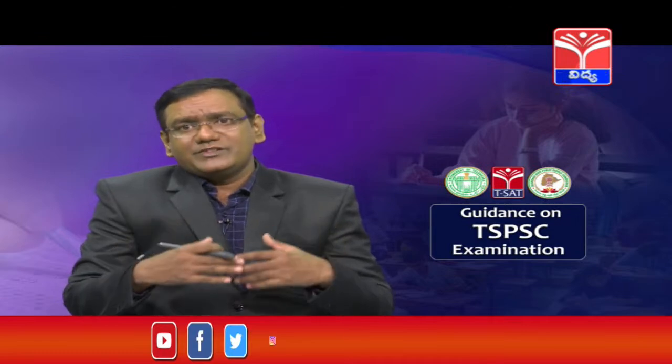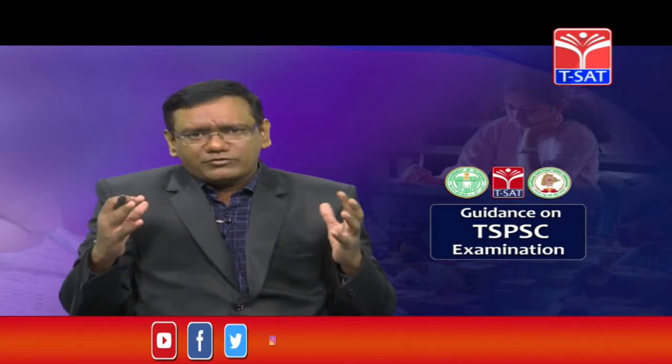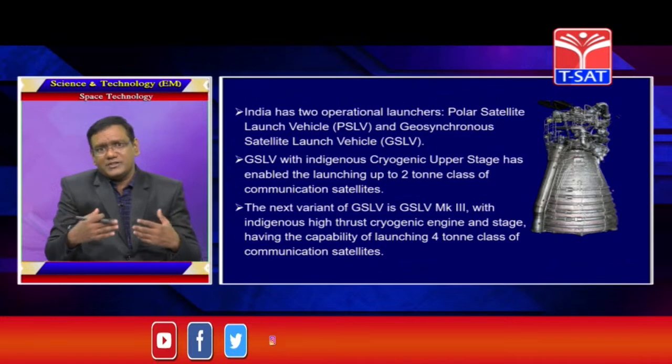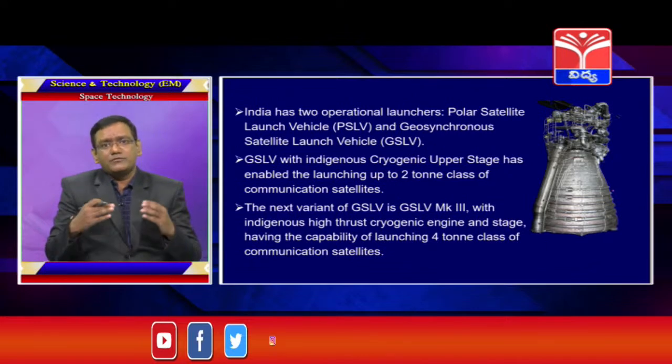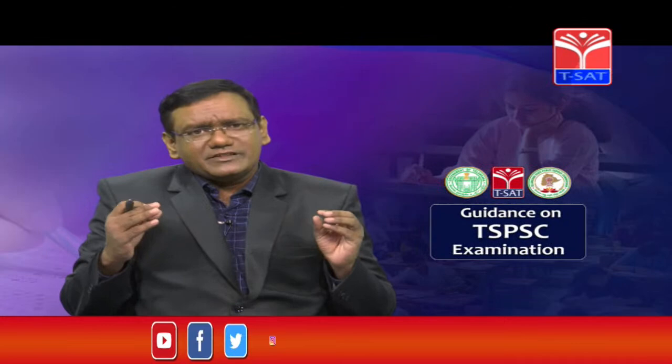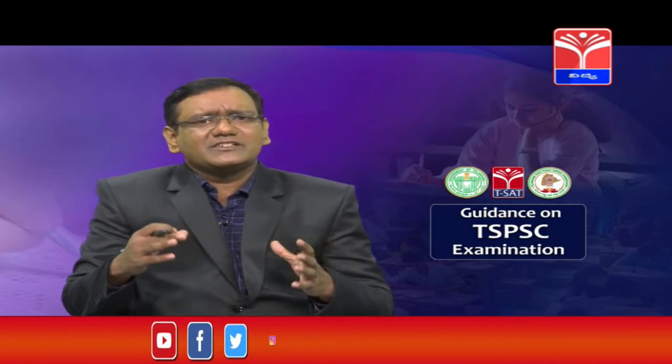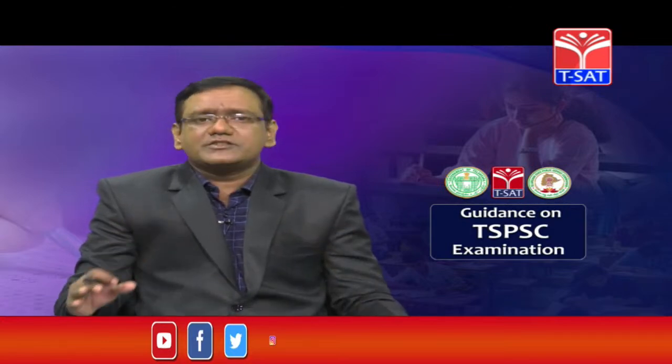More weight means we need powerful launchers, and powerful launchers mean powerful engines. The most powerful engine we could use is the cryogenic engine. That is the reason we use this cryogenic engine in the GSLV, whereas in the polar satellite launch vehicle we are not using the cryogenic engine.